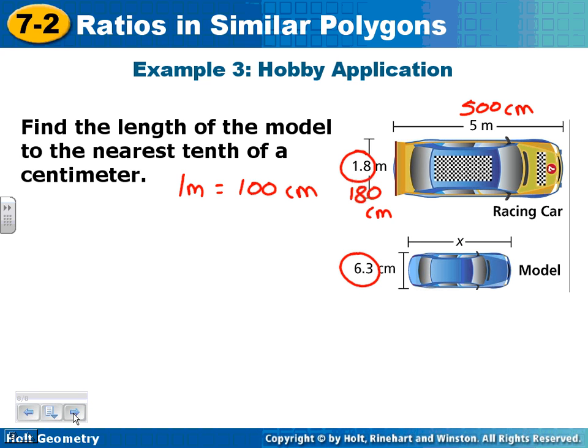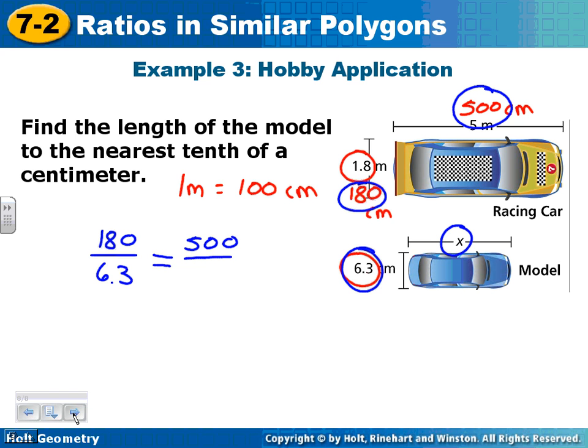So now I'm going to use this 180 over 6.3 because they're in proportion to each other. 180 over 6.3 has to equal this 500, and it goes with my x. So I write 500 over x.